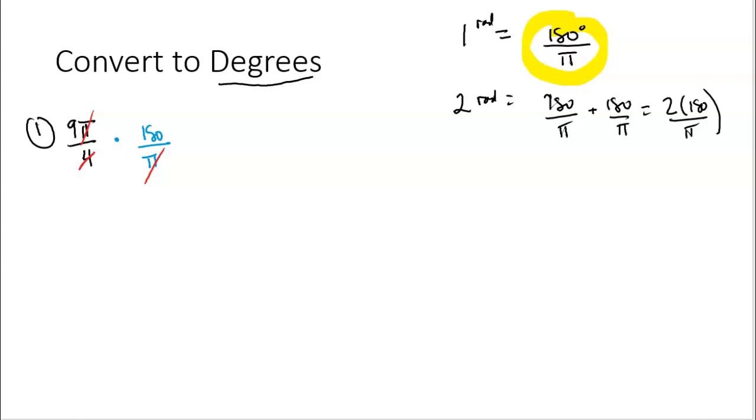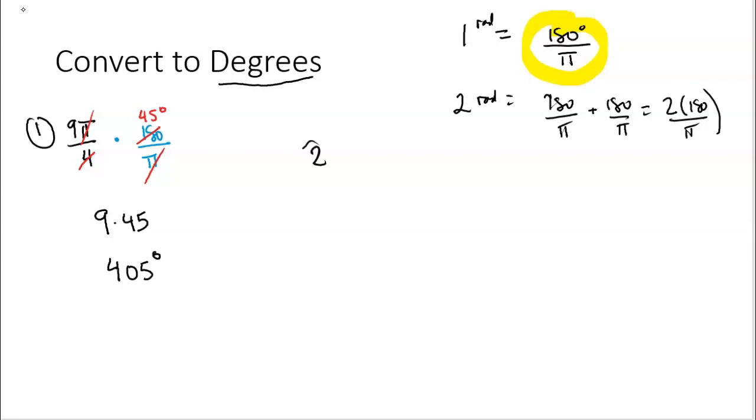But 4 goes into 180 45 times. So essentially, all we're doing is multiplying 9 times 45. And if I do that, I will get 405. Now, don't forget to include the degree symbol, because again, we're converting to degrees.